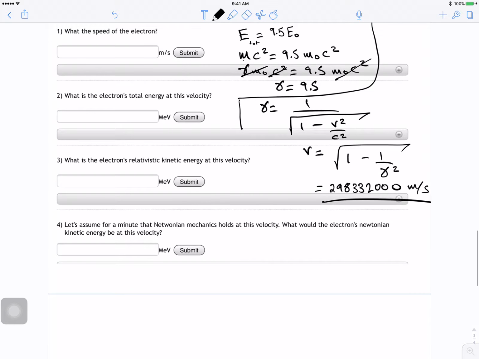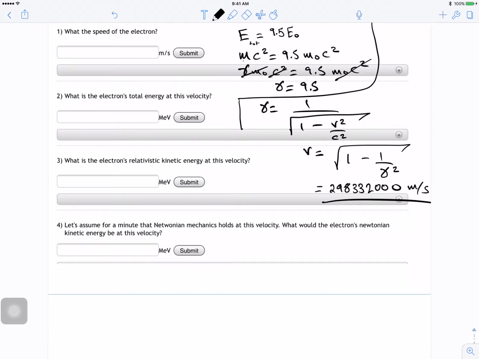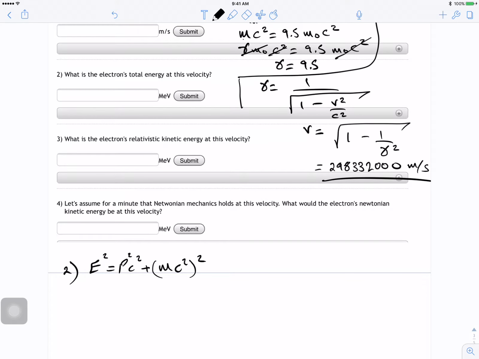Cool. Now what's the electron's total energy at this velocity? E squared is equal to (pc) squared plus (mc squared) total squared. P is also equal to alpha m v.